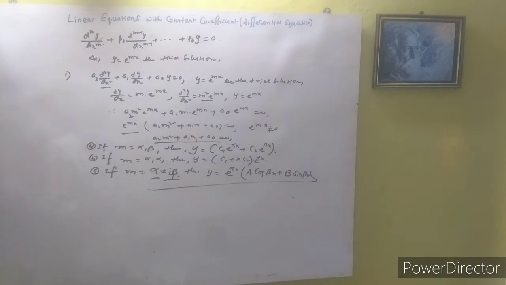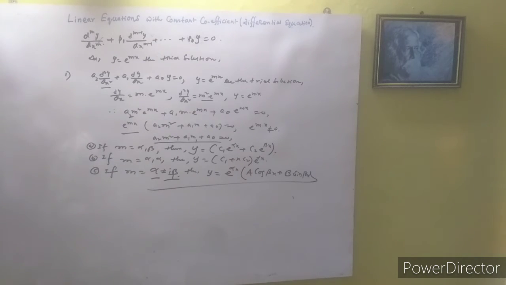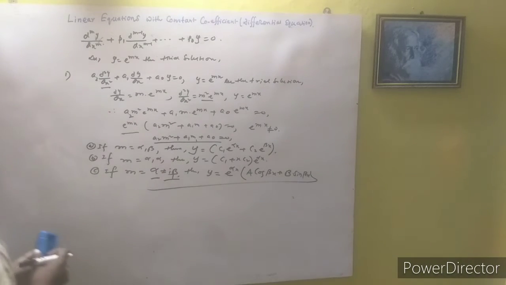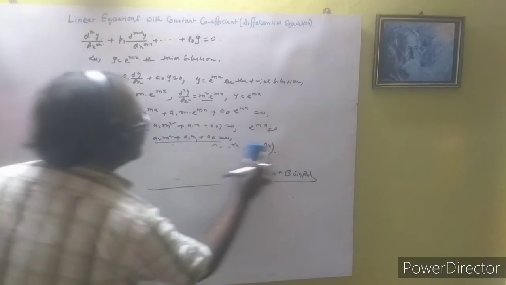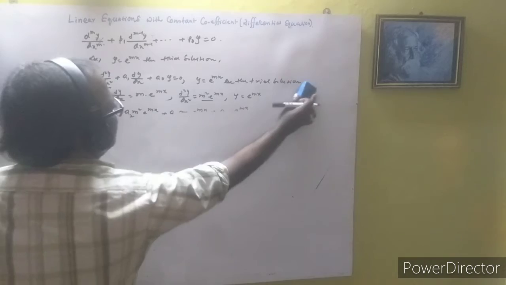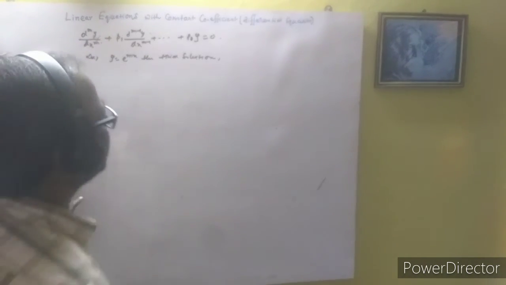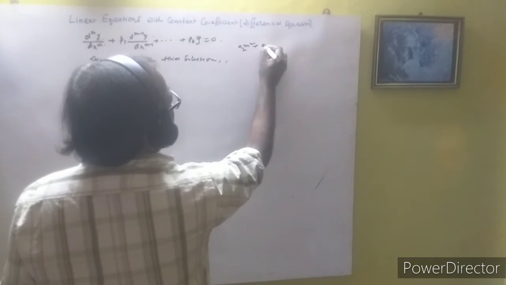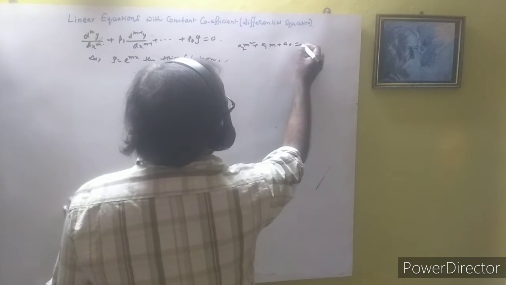Now if we get a different type of problem, look here; see carefully points 1, 2, 3. I have written a2 m square plus a1 m plus a naught.